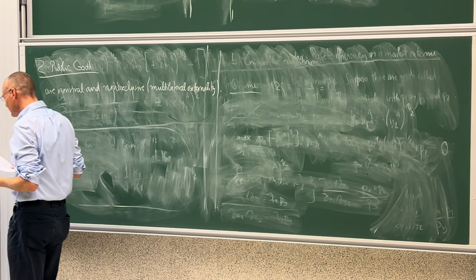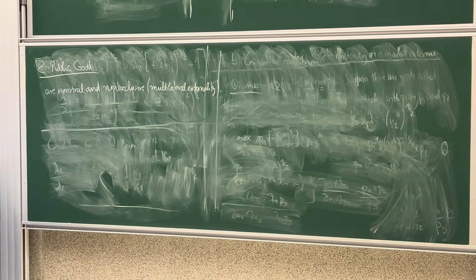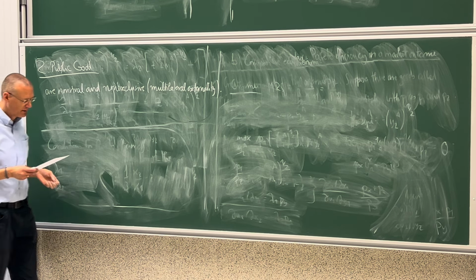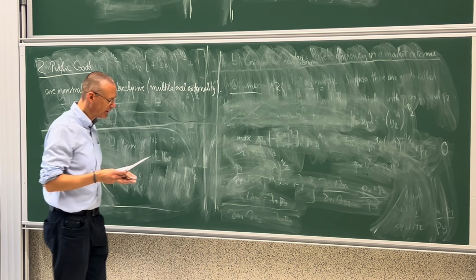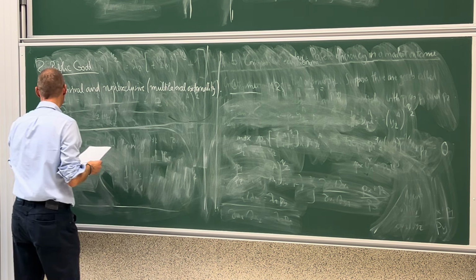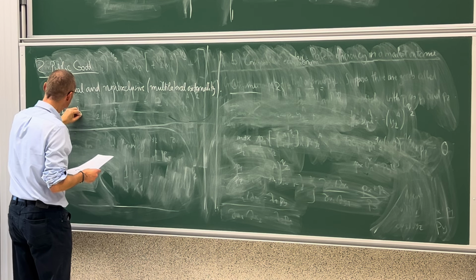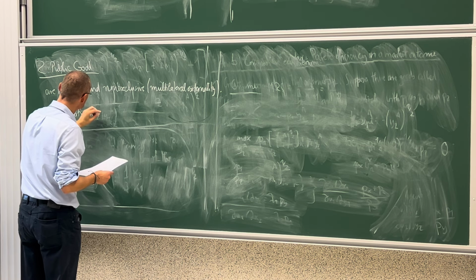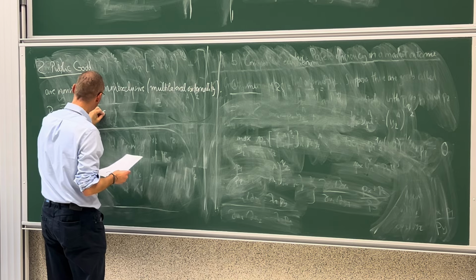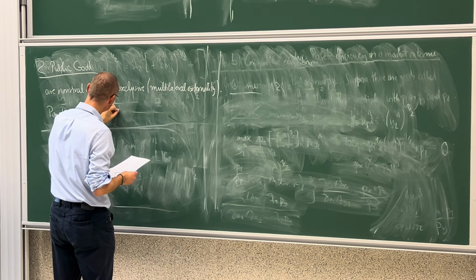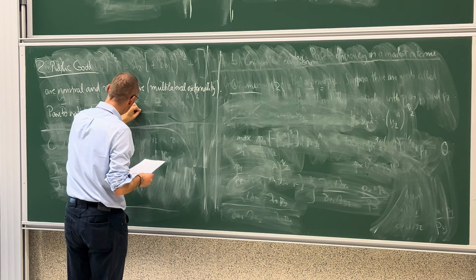Now, let's see the Pareto optimal allocation for public goods, the Pareto optimal provision of a public good.